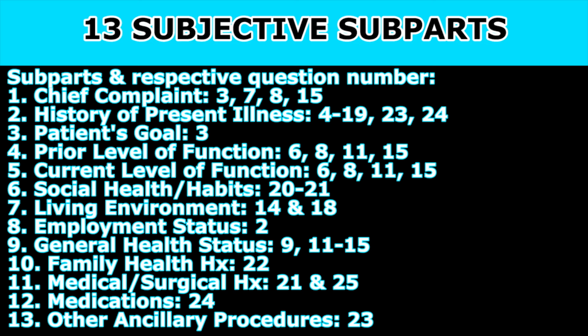Patient's goal is for question number 3, prior and current level of function for questions 6, 8, 11, and 15, social health habits for number 20 and 21, living environment for questions 14 and 18, employment status is for question number 2, general health status for question number 9, 11 to 15, family health history for question 22, medical or surgical history for number 21 and 25, medications for question number 24, and other ancillary procedures for question number 23.